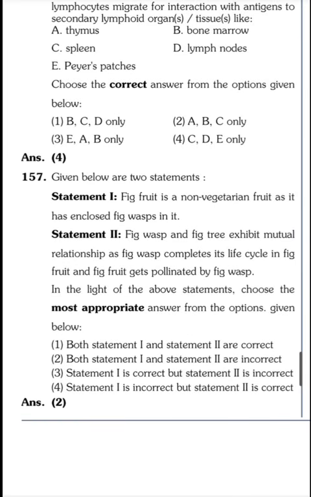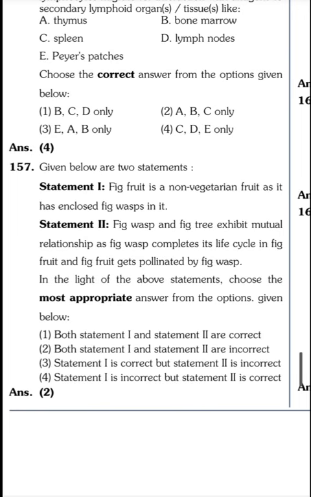Given below are the two statements. Fig fruit is a non-vegetarian fruit as it has enclosed fig wasp in it. This is a wrong statement. Second statement, fig wasp and fig tree exhibit mutual relationship as fig wasp completes its life cycle in fig fruit and fig fruit gets pollinated by fig wasp. In the light of the above statements, choose the most appropriate answer from the options.